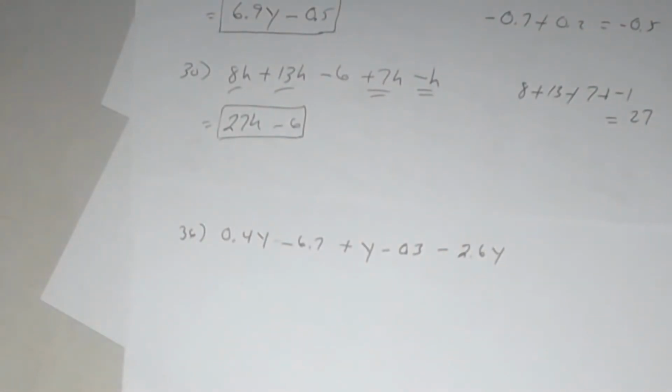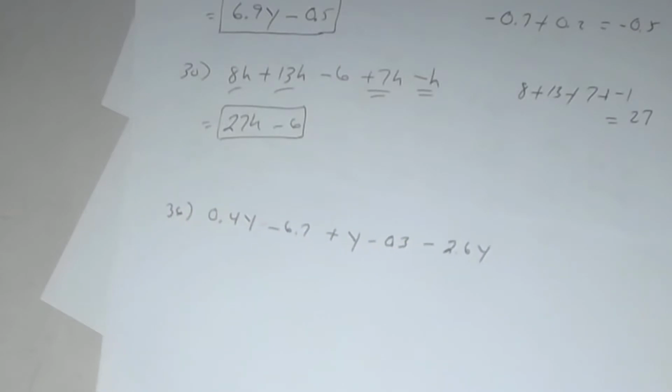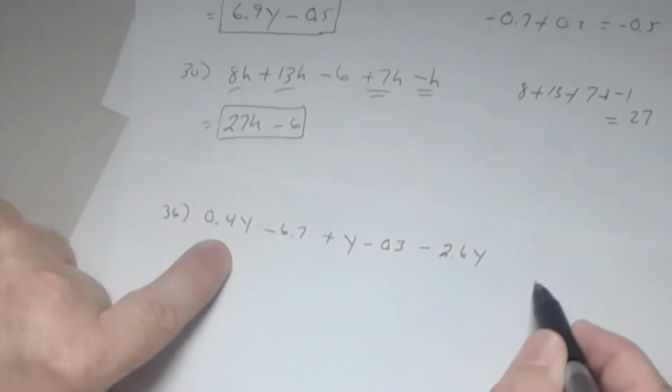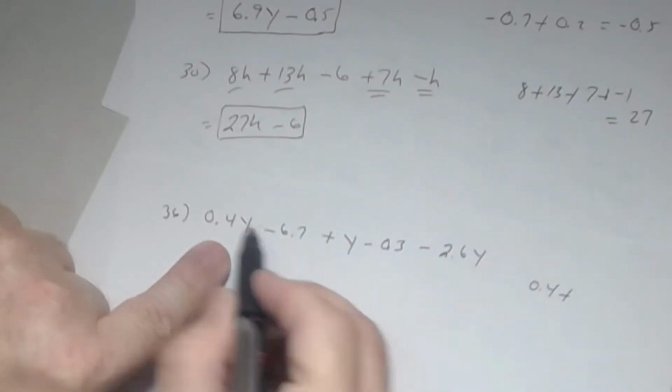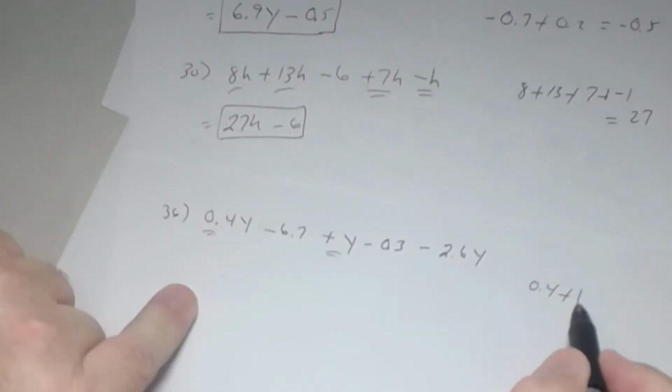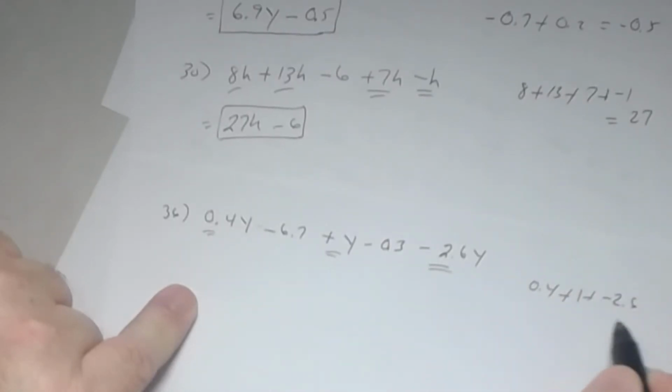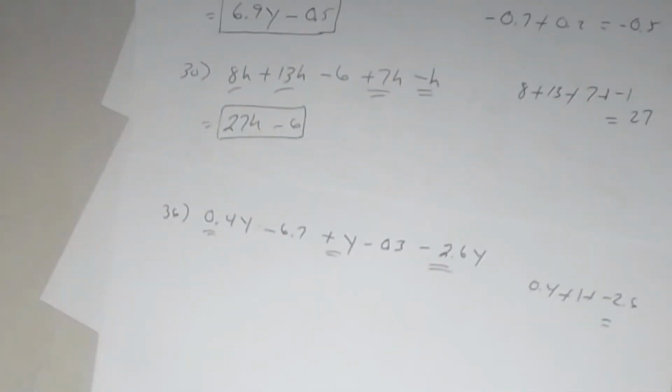All right. So do the y's first. So this coefficient is 0.4 plus 1 plus a negative 2.6 equal.